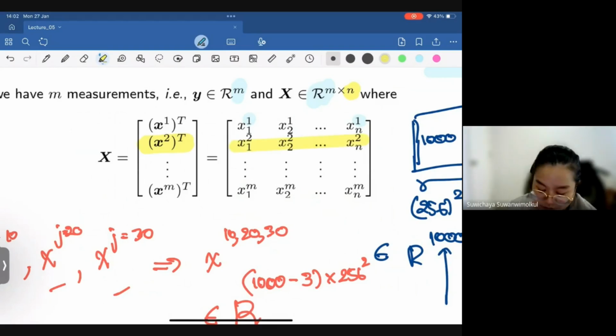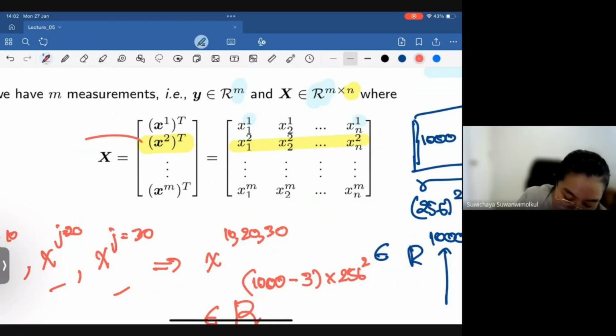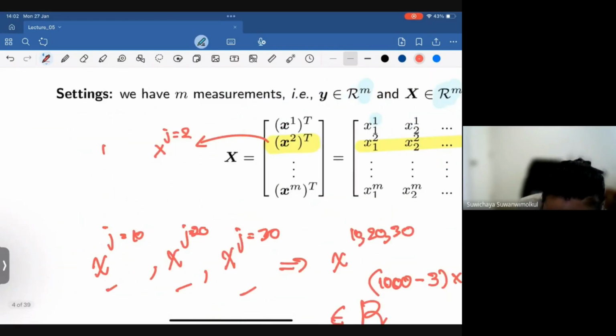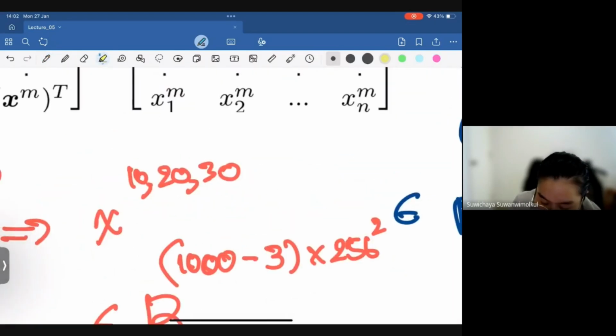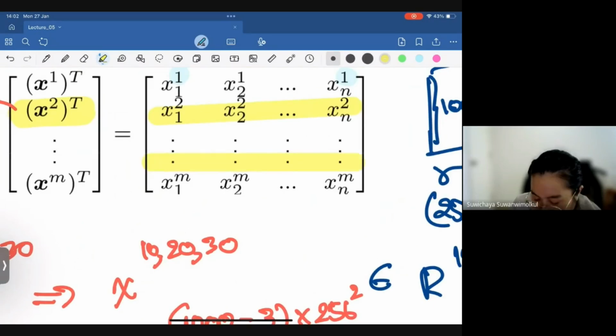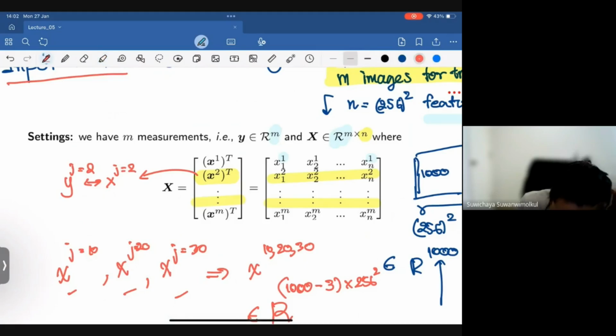What I have to do is remove xj equal to 2, but also I have to remove yj equal to 2 that is associated with x as well. Or if I have the 999th sample, probably around here, out of 1000 samples, then I have to remove this one, including the measurement corresponding to it.